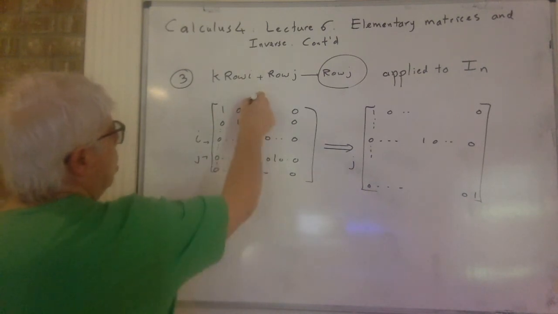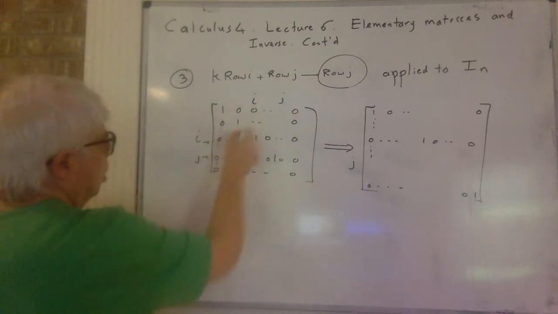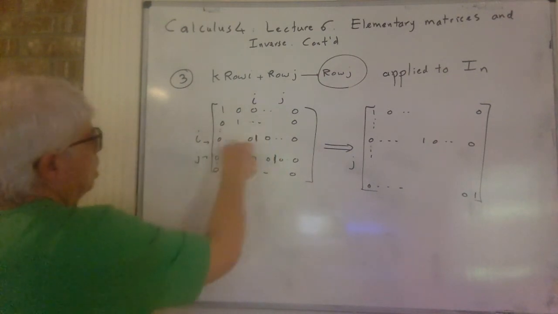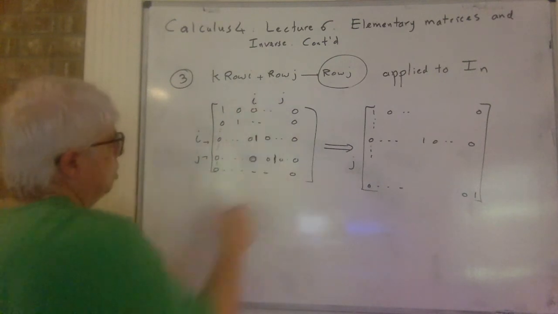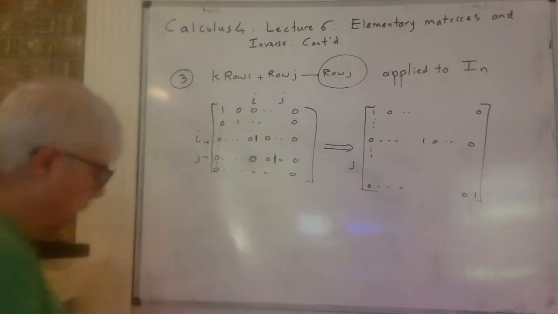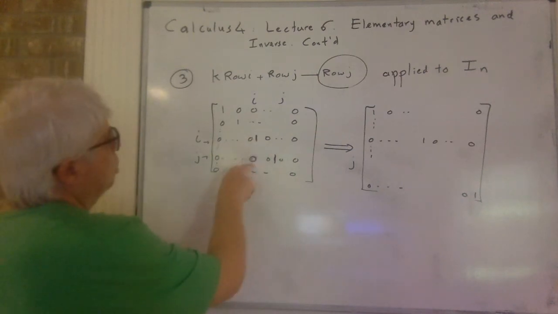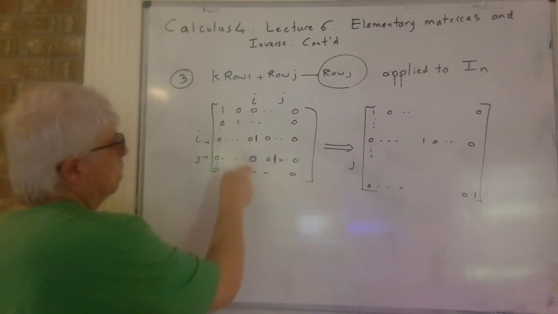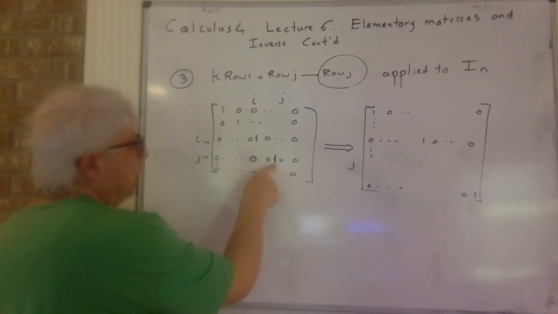This 0 is in the ith column. This is the jth column. See, i, j, j. These are the ones at the intersection of the ith column and ith row, jth column, jth row. So this k is multiplied by this, added to this. So the jth row has zeros except at position i and position j.